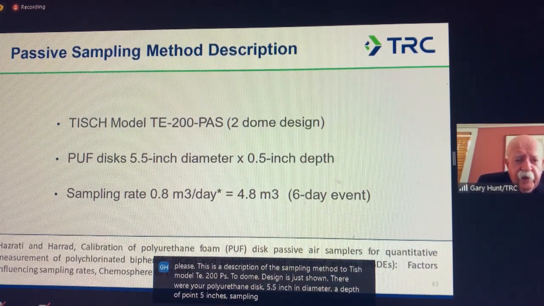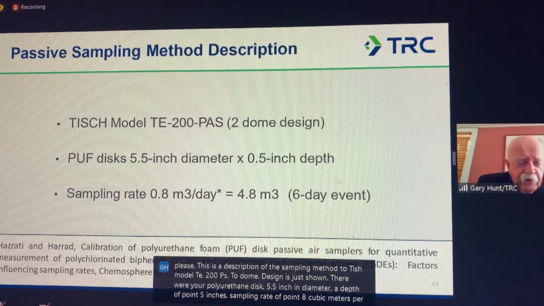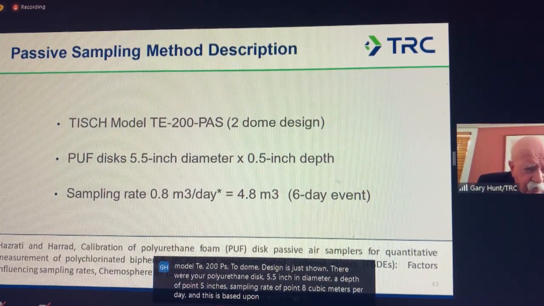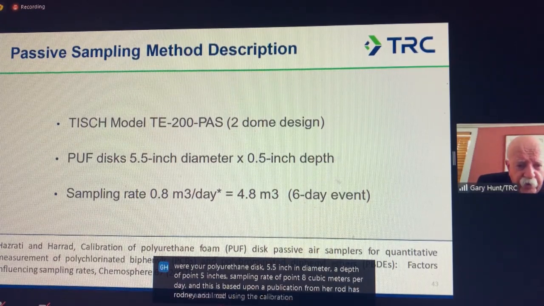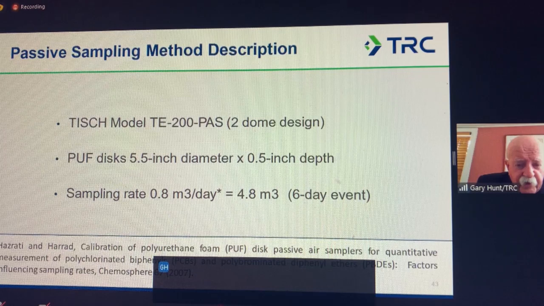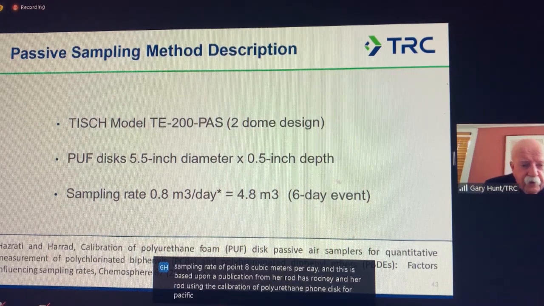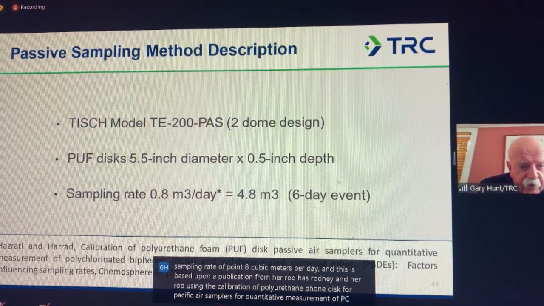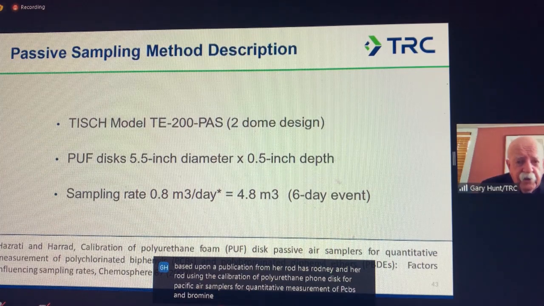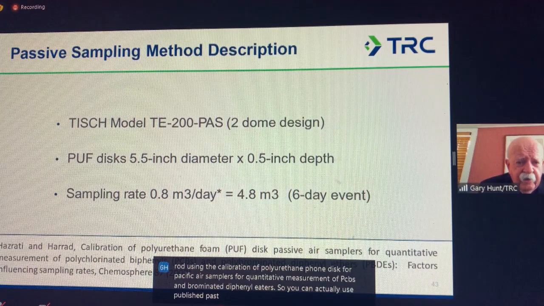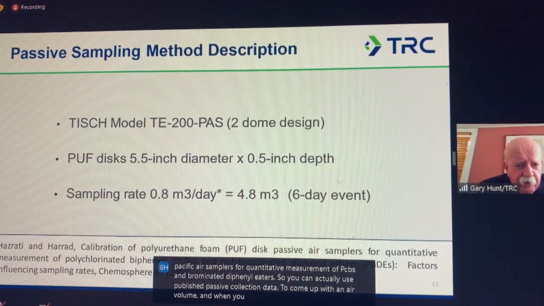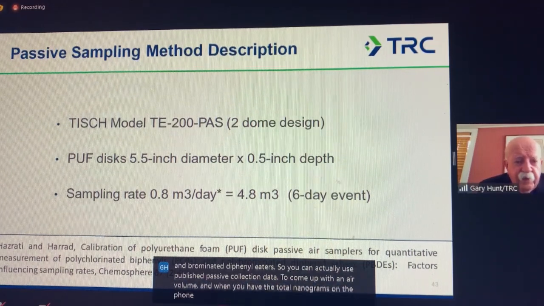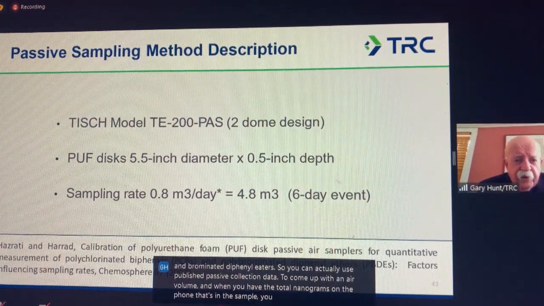Sampling rate of 0.8 cubic meters per day, and this is based upon a publication from Hazrati and Harner, using the calibration of polyurethane foam disc for passive air samplers for quantitative measurement of PCBs and brominated diphenyl ethers. So you can actually use published passive collection data to come up with an air volume, and when you have the total nanograms on the foam that's in the sampler, you can calculate a concentration.